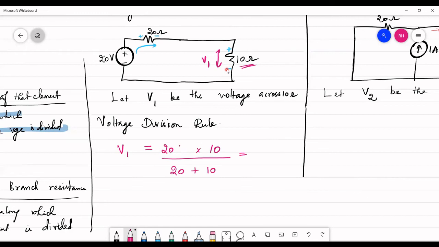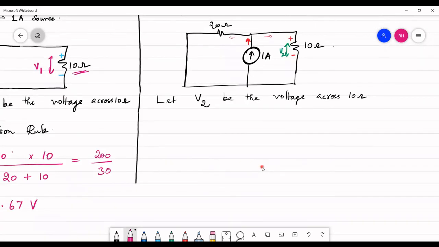So 200 divided by 30. That would give you the value of the voltage which is appearing across 10 ohm due to 20 volt. So V1 happens to be equal to 6.67 volt.